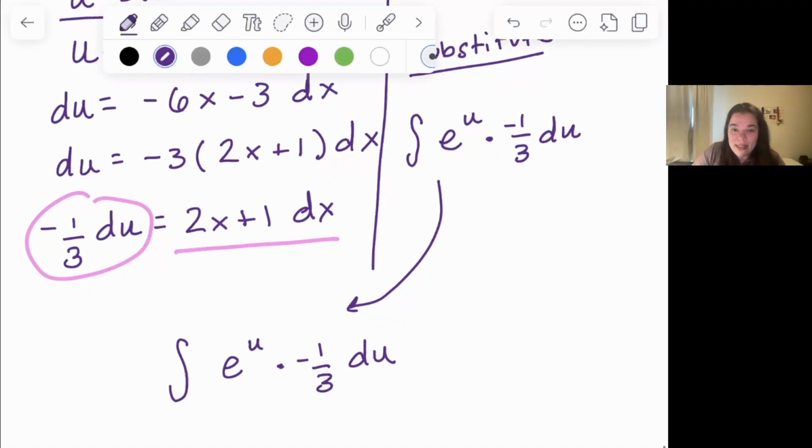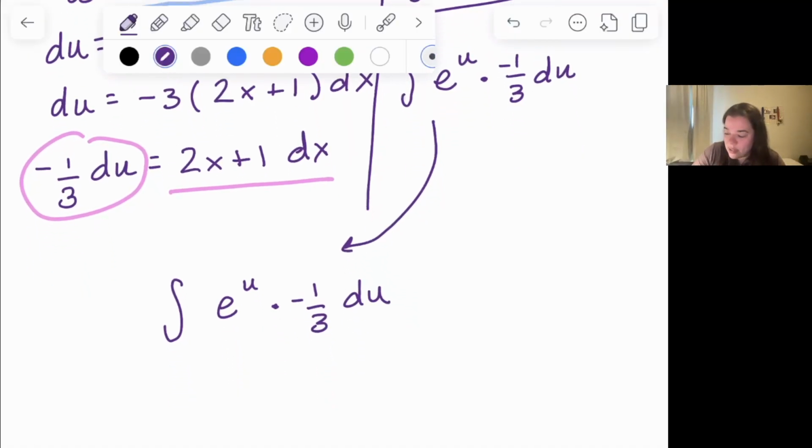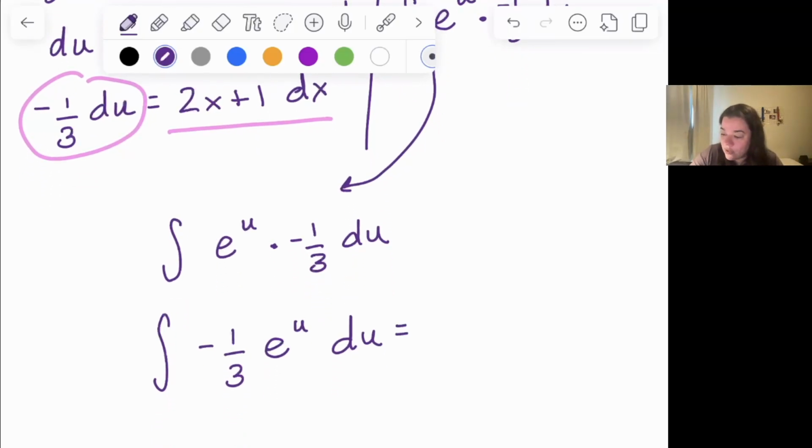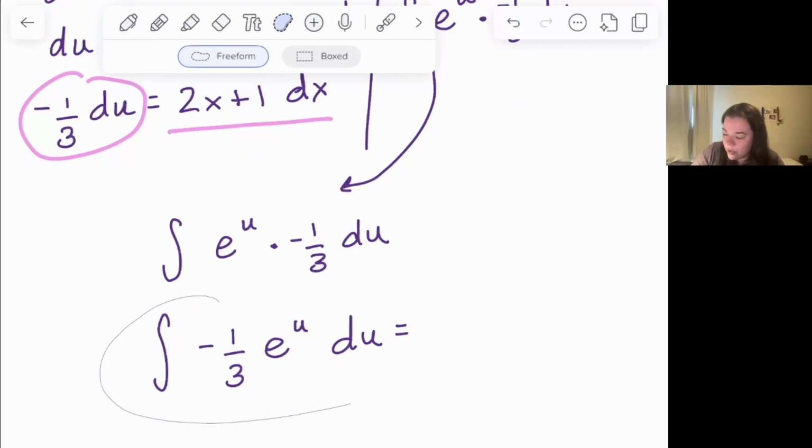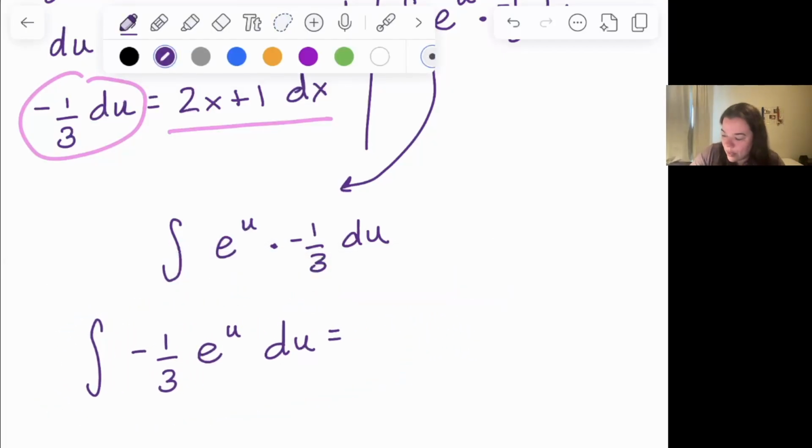Most people don't like that negative 1/3. Again, it's a constant hanging out in the middle, so let's pull it to the front. We could think of this as negative 1/3 e to the u du, just rearranging. And now this is a constant multiplier rule combined with our e rule. Remember, that constant multiplier of negative 1/3 comes along for the ride, times what is the antiderivative of e to the u?